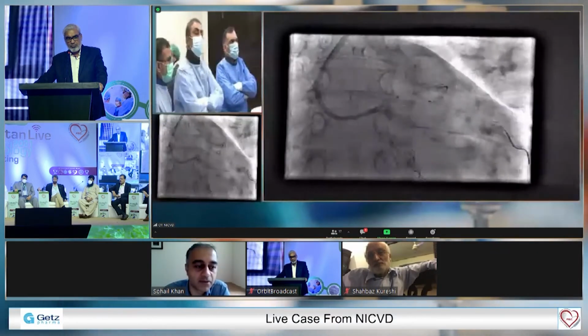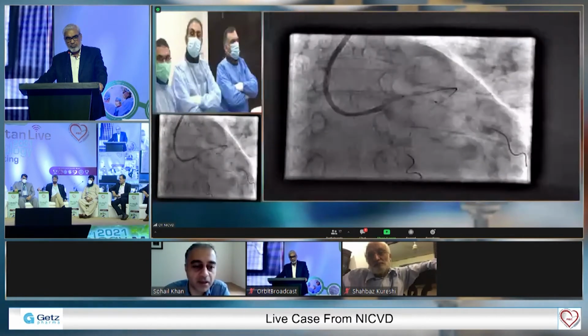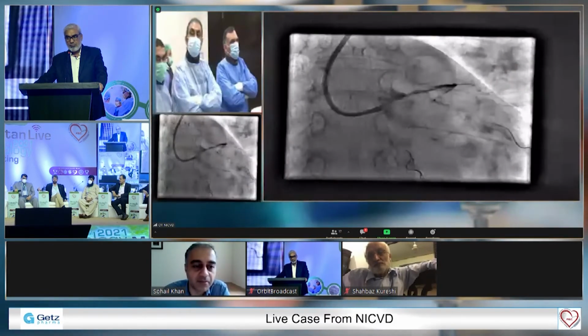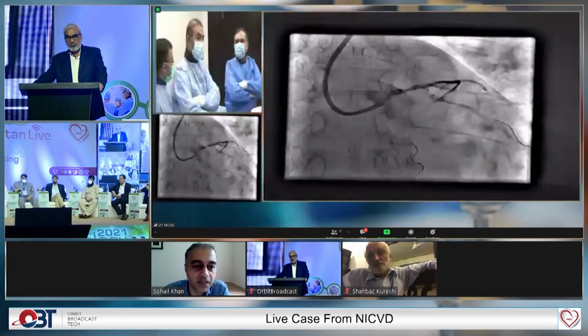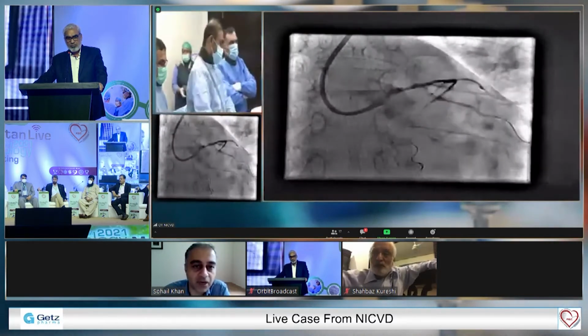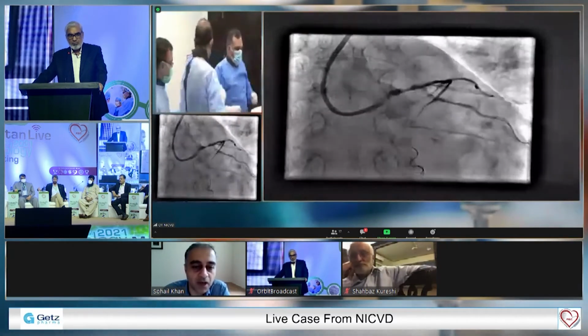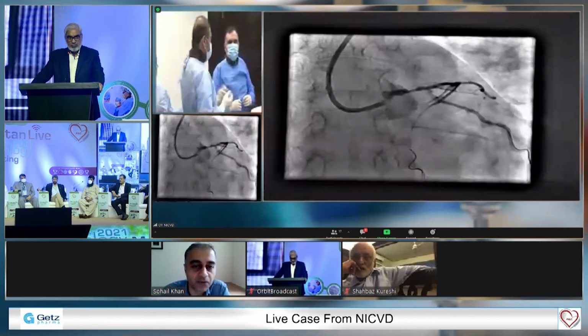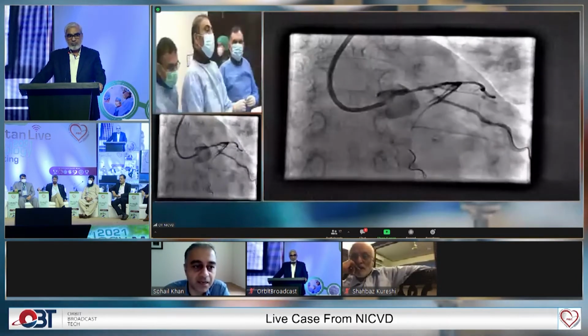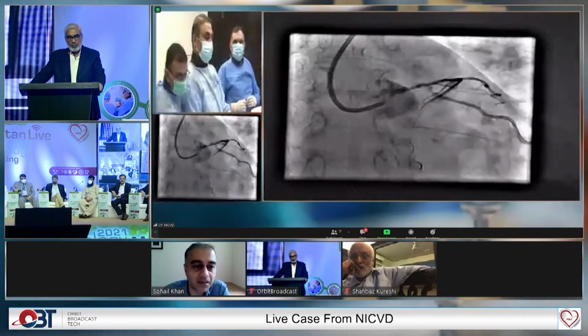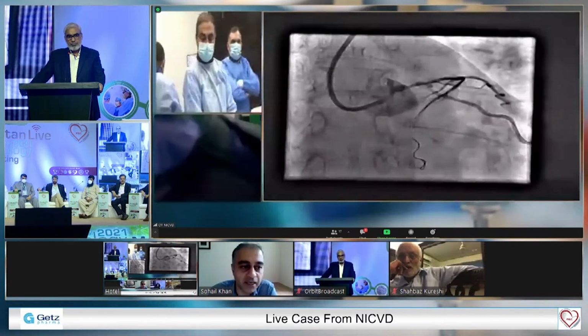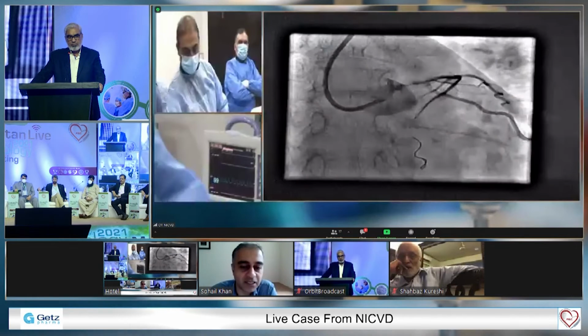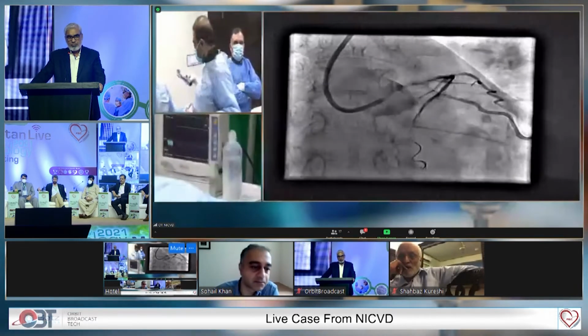So IVUS is absolutely mandatory, I think, in this case, to get some information about the bifurcation, because it will help plan your strategy going forward. And so I would IVUS into the LAD, but also from the circumflex back into the left main stem to try and understand what the distal bifurcation is like, and then decide on stent strategy at that stage.